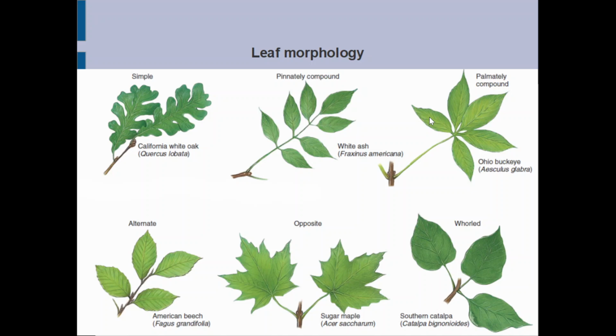So this is your first, second, third, fourth, and fifth finger. And this is a leaf from an Ohio backyard. It is also an American species, buckeye. So, Ohio buckeye is the example of the palmately compound leaf composition.